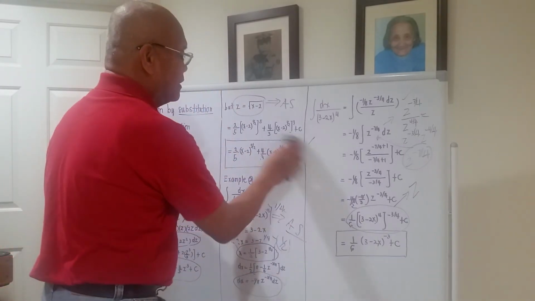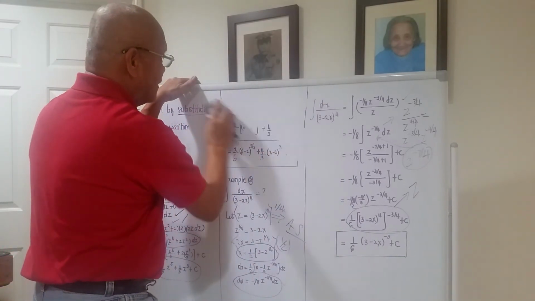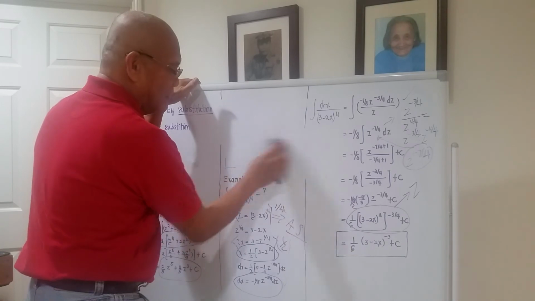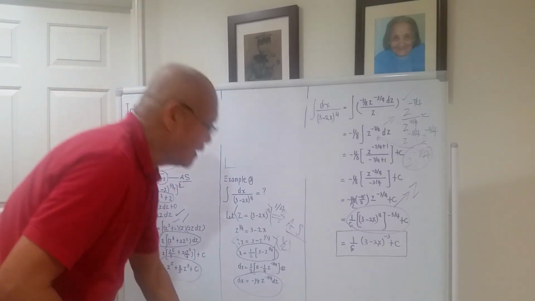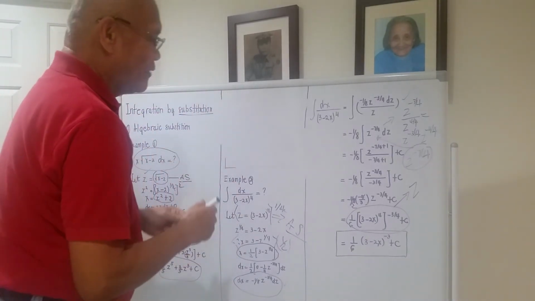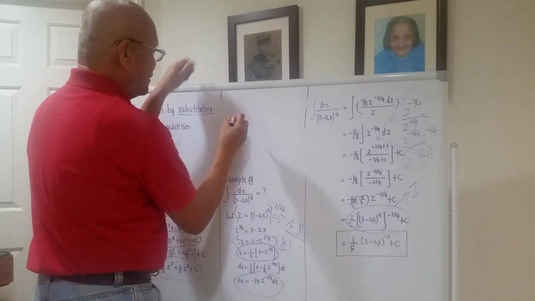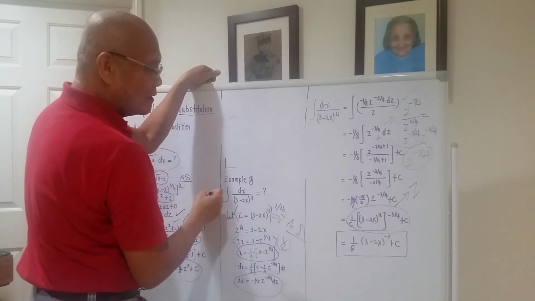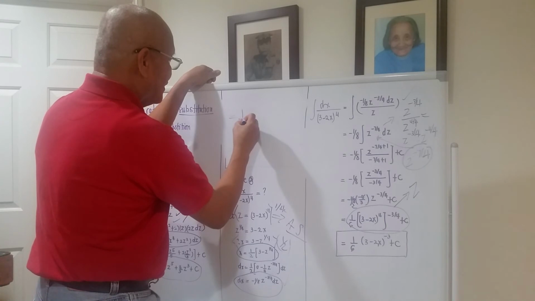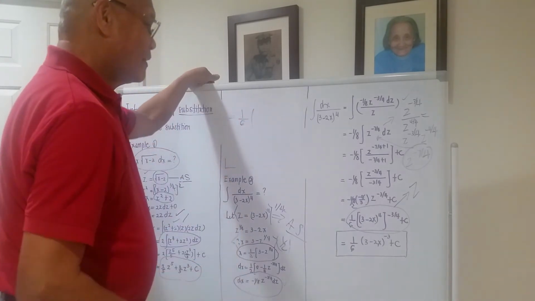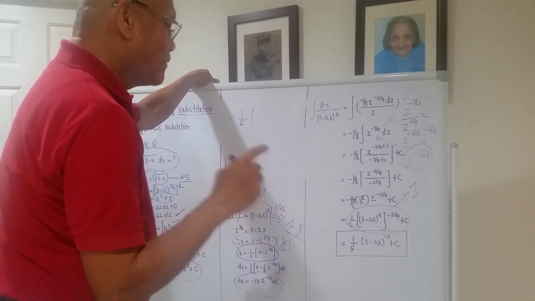I will erase this one and issue the simplification. So the final answer in terms of x will be equal to 1/6 times the value of z.